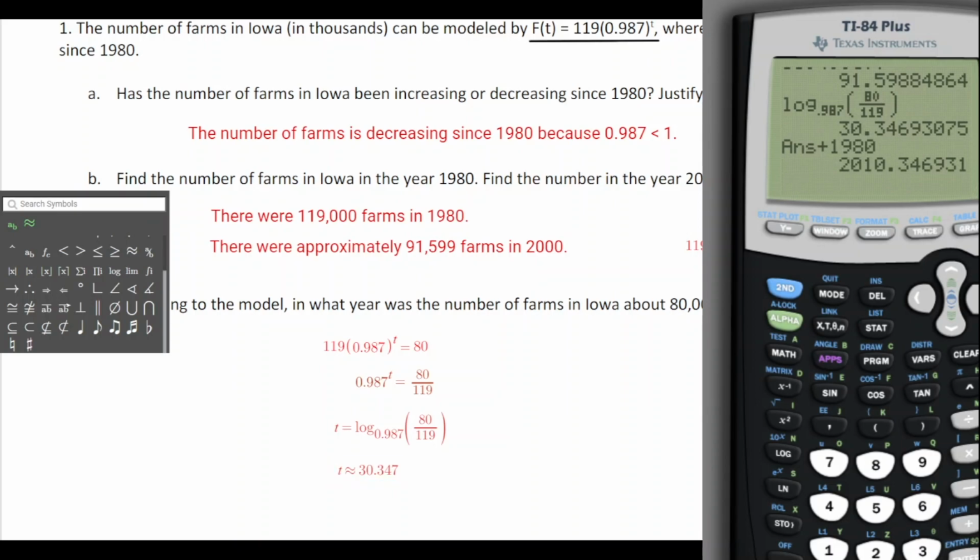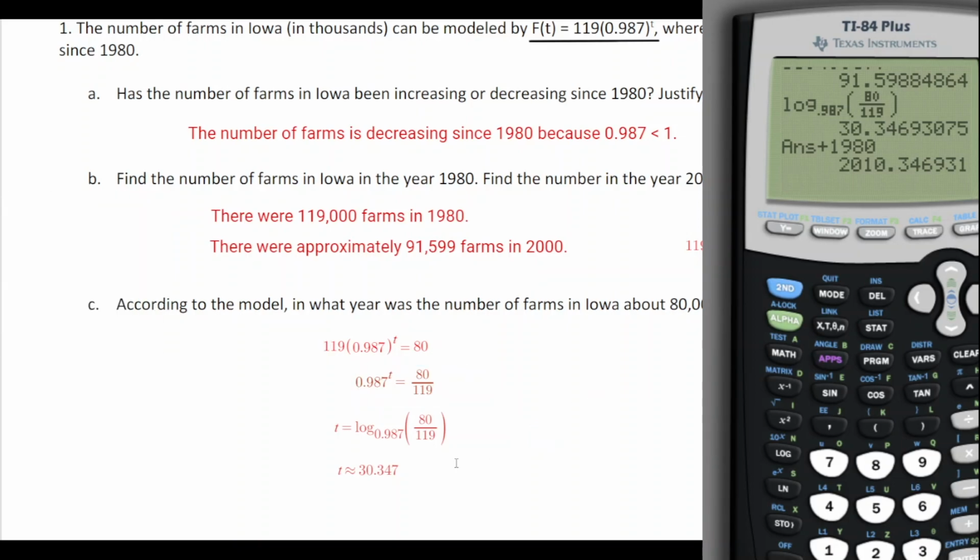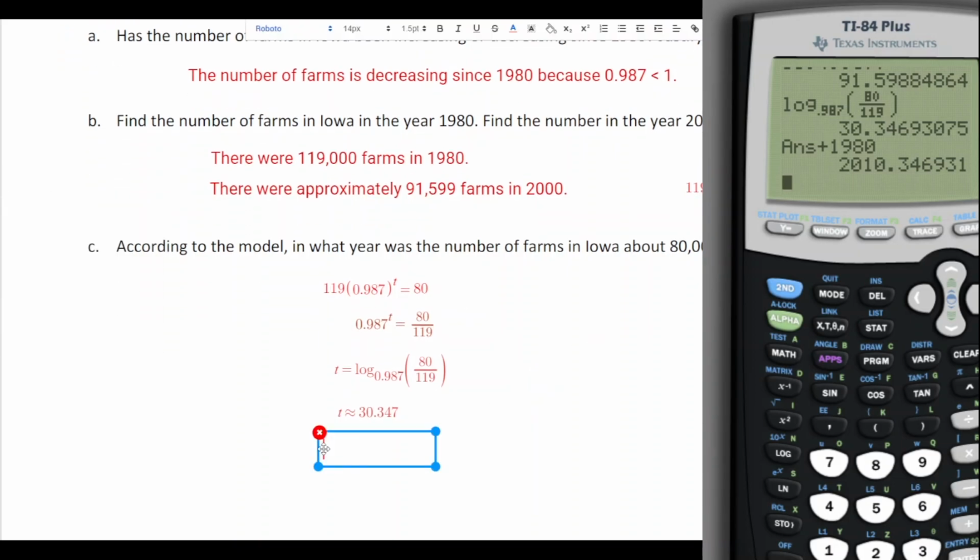Oh, wow. So in 2010, there were approximately 80,000 farms in Iowa.